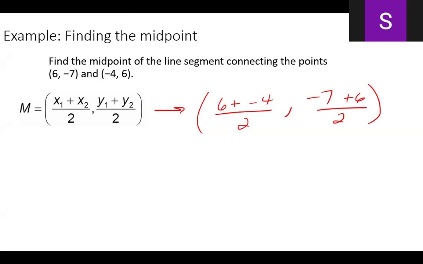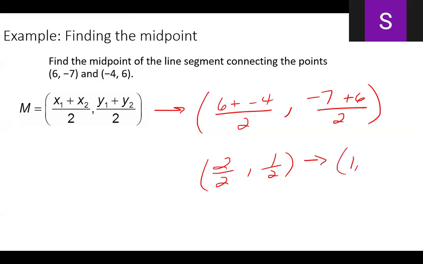Okay, so that leads us to 6 minus 4 is 2. So 2 divided by 2. -7 plus 6 is 1. 1 divided by 2.